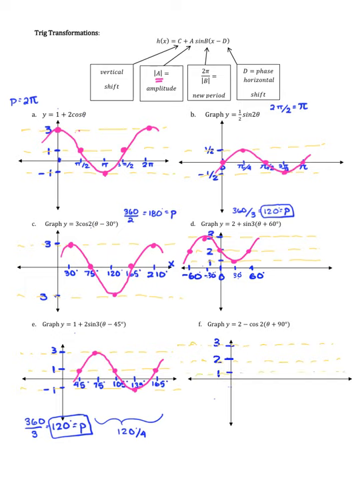And so I noticed that 360, since this is in degrees here, divided by 2 is 180. So it'll take me 180 degrees to complete my cycle. That means there'll be 180 divided by 4 is 45 degrees. So each segment's going to be 45 degrees apart.